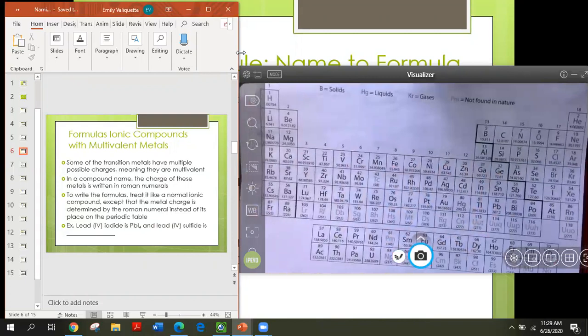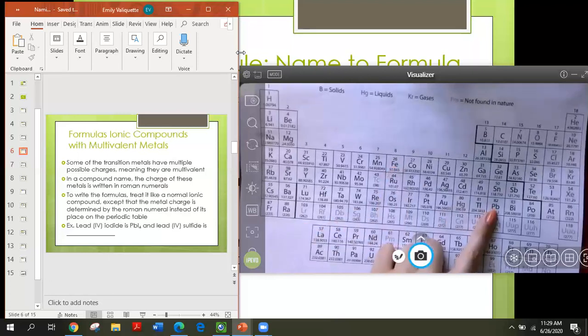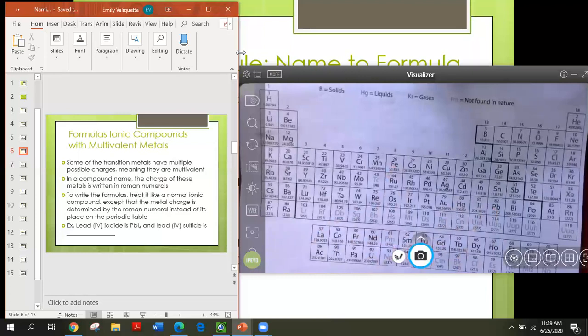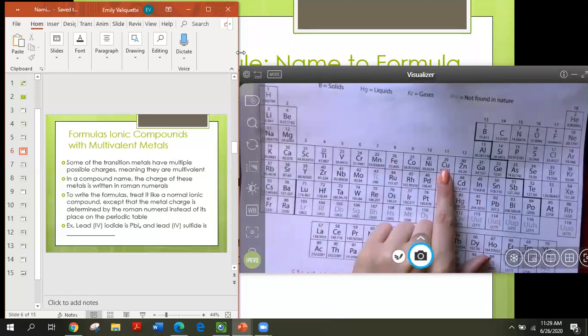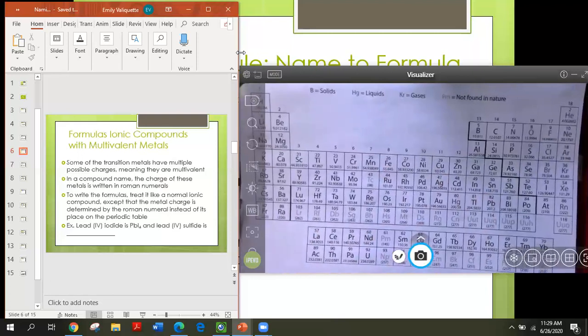The ones that you need to be most familiar with are Fe, so that's iron, Pb, which is lead, and you should also be familiar with Cu, which is copper. Those are the most common ones that we're using of our multivalent metals.